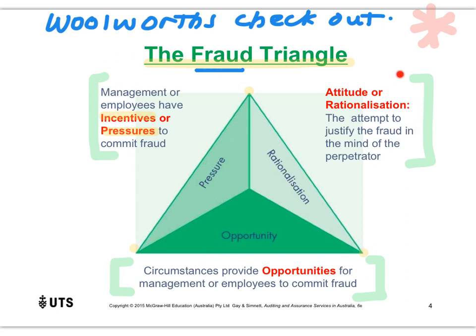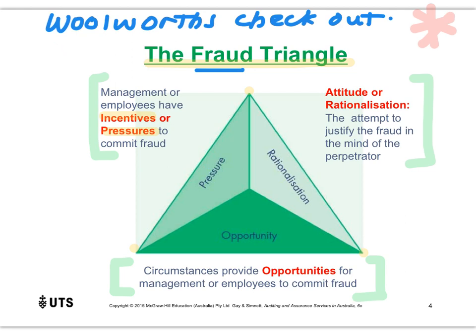And what could be the justification? The justification could be, well, Woolworths is a multi-billion-dollar company. They can afford it. So if I don't make this $5 or $10 or $15 payment, it's not really going to affect them very much.